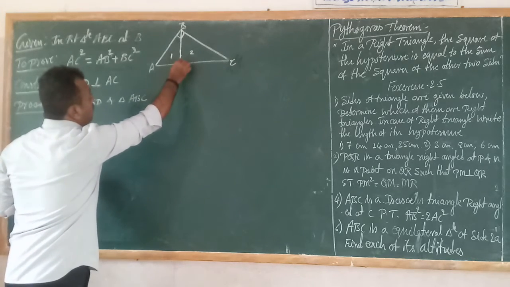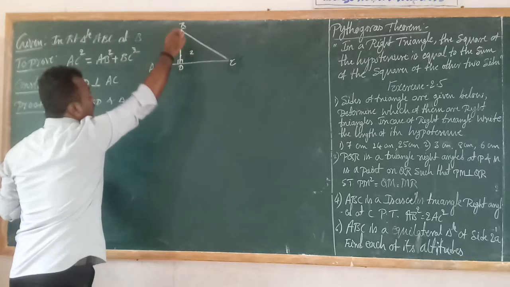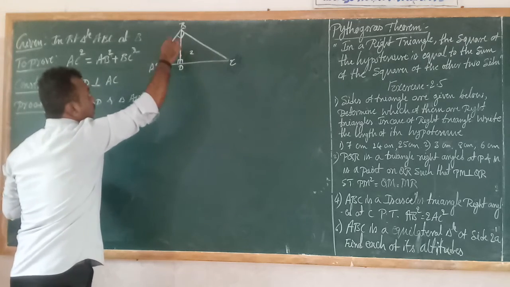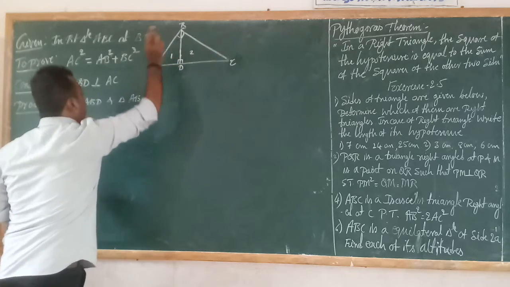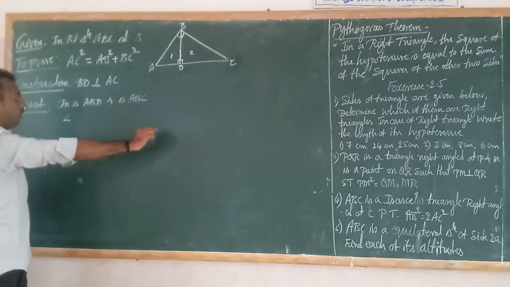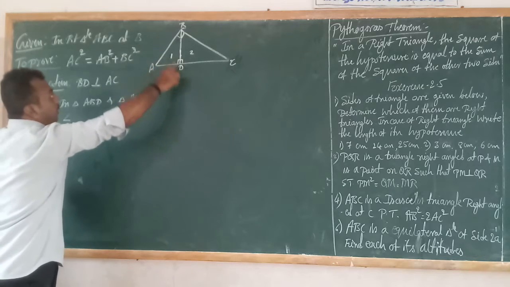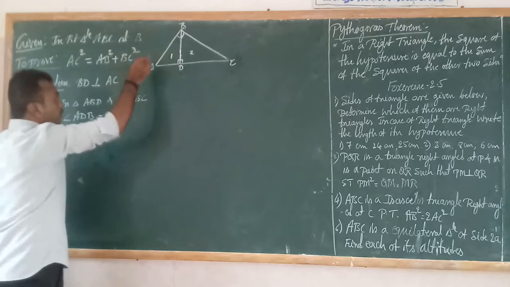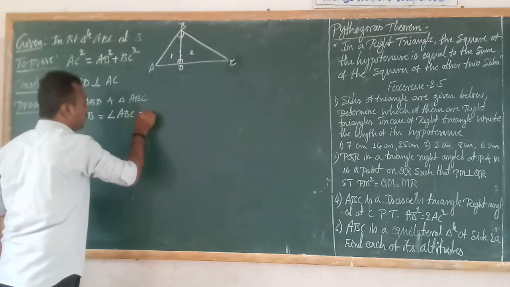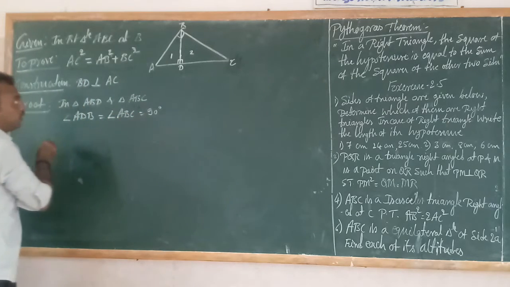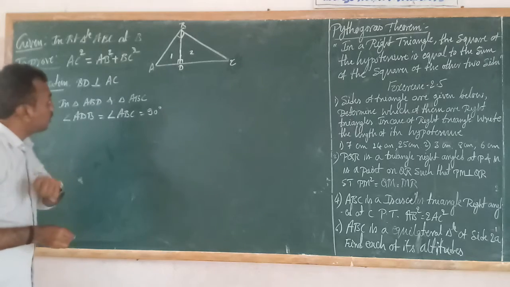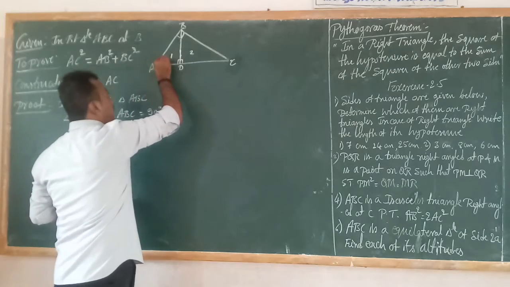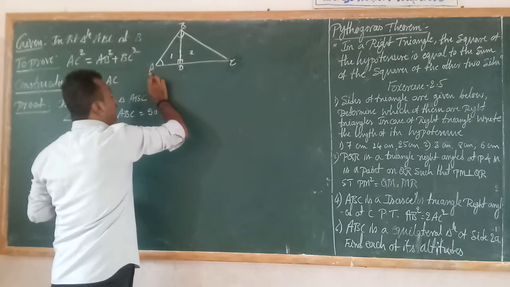In triangle ADB, angle D is 90 degrees. In triangle ABC, angle B is 90 degrees. So angle ADB is equal to angle ABC because of 90 degrees. One angle we got. If we get another angle, then the two triangles are similar. The other angle is angle A, because A is a common angle.